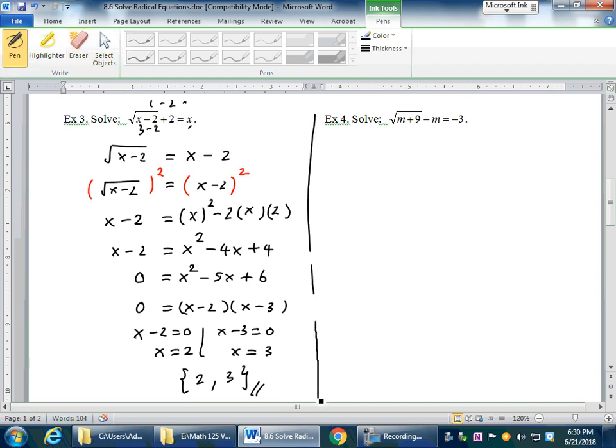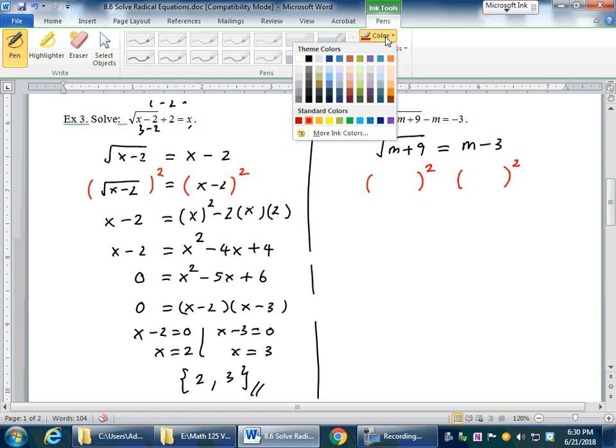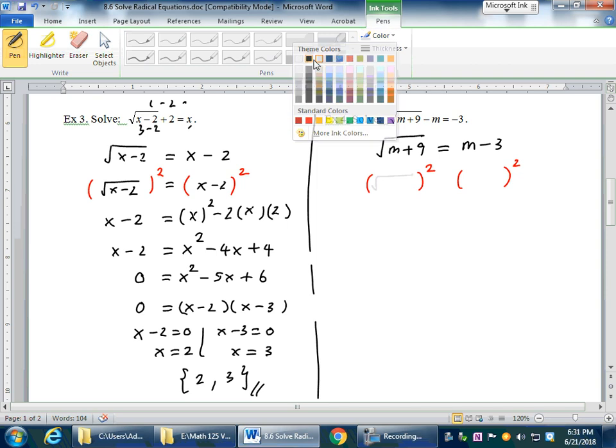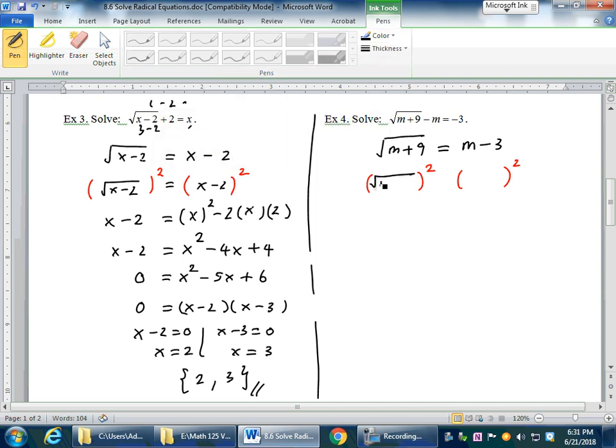First, we're going to isolate the radical term alone on one side. So that means square root of m plus 9, I add m to both sides. So it'll be m minus 3. Now I have the radical term alone on one side already. I'm going to raise both sides to the second power, which is the same as the index. So this will look like square root of m plus 9, quantity squared, equal to m minus 3, squared.